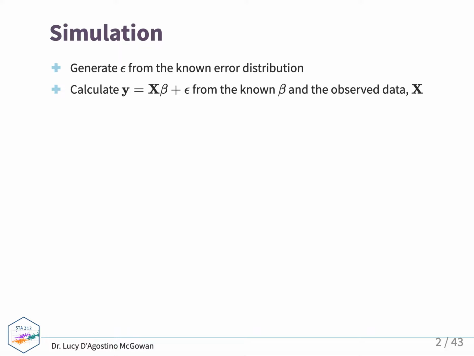You'd use your observed data x to calculate this y, so we would have x, beta, and an epsilon drawn from some known distribution. Then we could use our formula for beta hat, x transpose x inverse x transpose y, to compute beta hat.